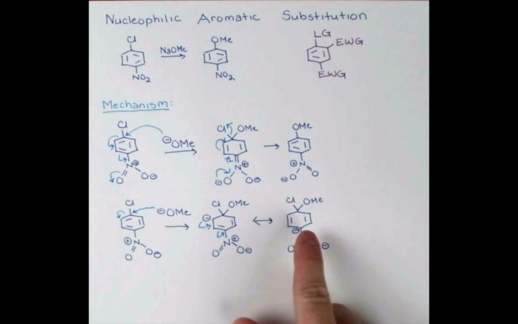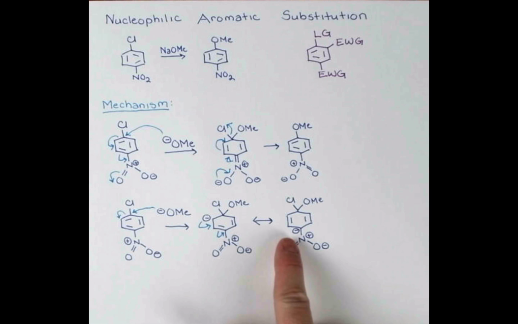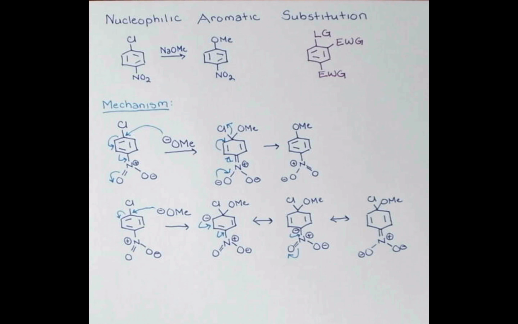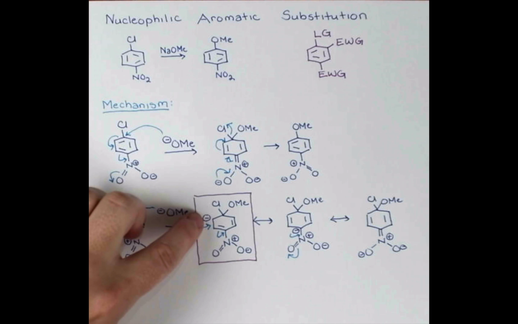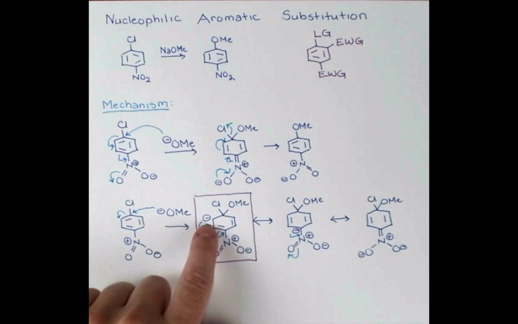And finally, still pushing 2 arrows at a time, we can make this a double bond and put the negative charge on oxygen and show how our nitro group is stabilizing this charge, just pushing 2 electrons at a time. That'll give us this resonance form. I want to highlight this resonance form here. Notice that we get buildup of negative charge on this carbon as well.